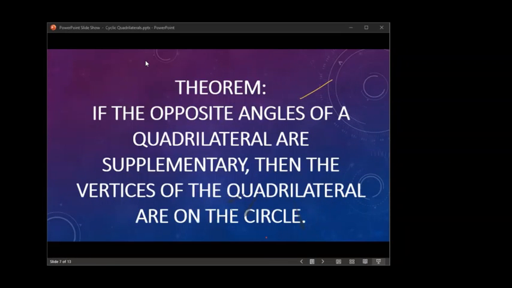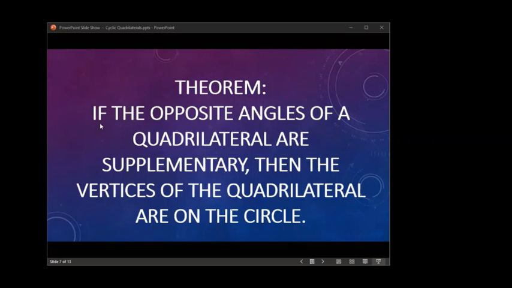Okay, here we come to another theorem regarding cyclic quadrilaterals. This theorem says if the opposite angles of a quadrilateral are supplementary, then the vertices of the quadrilateral are on a circle. That means it is the inverse or the converse of the previous theorem. In the first theorem we said that if any quadrilateral is a cyclic quadrilateral, its opposite angles should be supplementary.